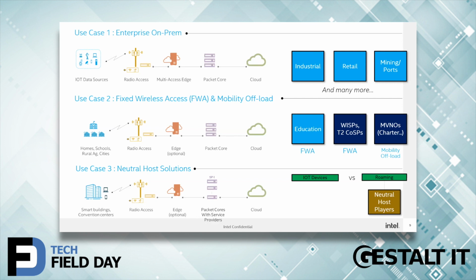If you're talking about a building of, say, 1,000 residents or 1,000 workers, you divide it by three service providers, you're talking about only 300 subscribers for a service provider. For 300 subscribers, the service provider won't be incentivized to get into a business relationship with a private network player who is deploying the private network.